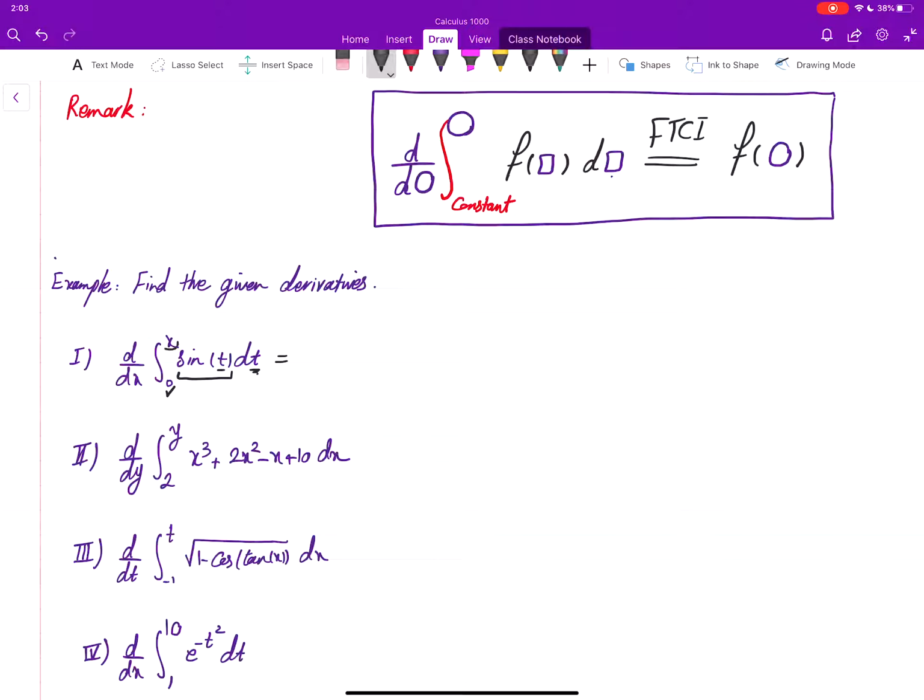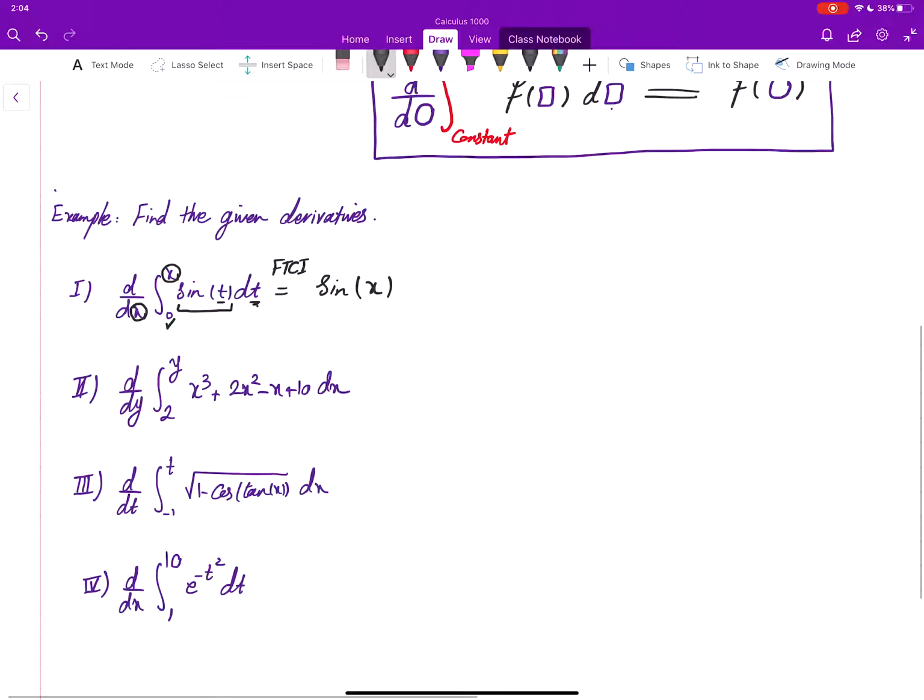The upper limit is the variable, and we are differentiating with respect to that same variable. So we are in the fundamental theorem of calculus part 1, which says to just write the function, the integrand, and then put in the variable with respect to which the differentiation is done. That's nice.